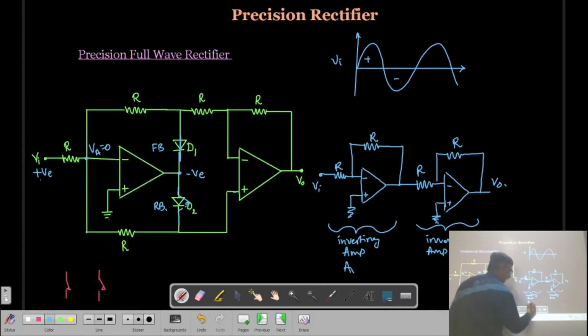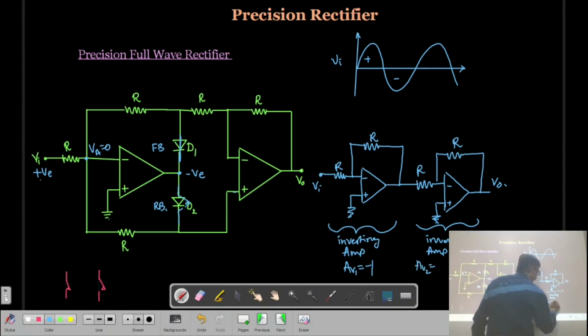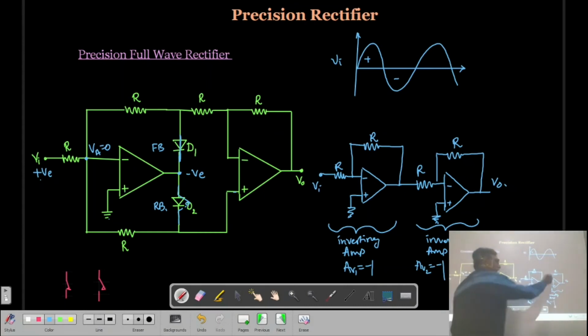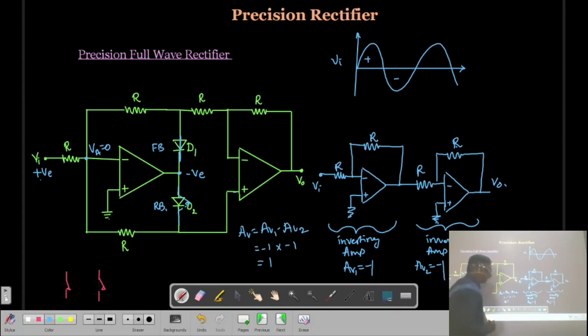That is AV1, which is minus 1 because the resistances are R and R. Here also, what is the gain of this? It is also minus 1, resistance R by R. So the overall gain is AV1 into AV2, minus 1 into minus 1, which will be plus 1.